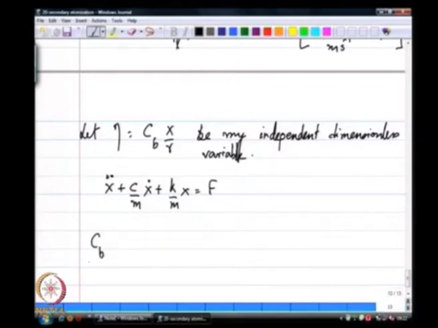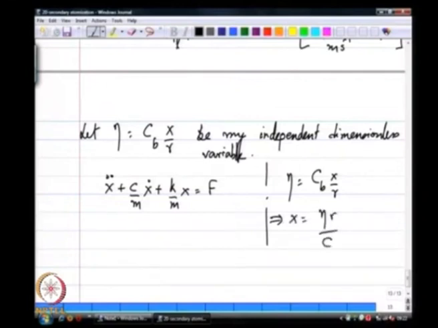CB over r. Let me just rewrite this part. Eta is CB x over r, which automatically means x equals eta r over CB.